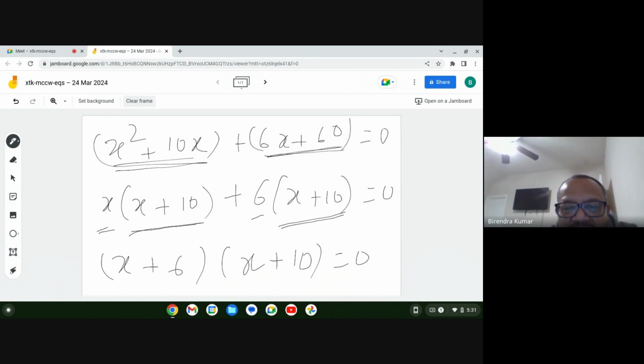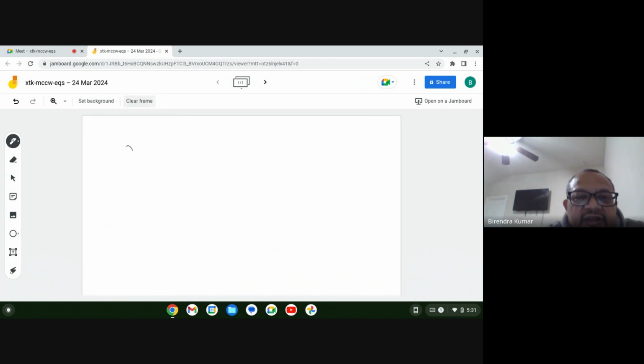So I'm just taking (x plus 10) common. Here it is multiplied by x, and here it is multiplied by 6. So my equation has become (x plus 6) into (x plus 10) equals 0. These are the two factors I got.